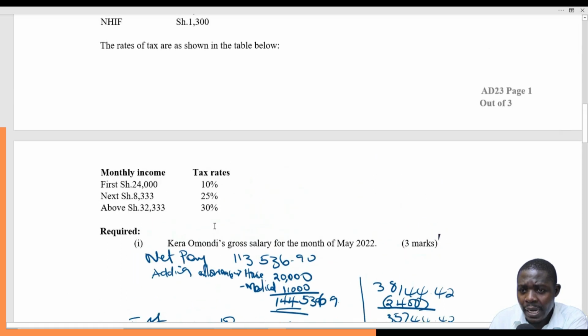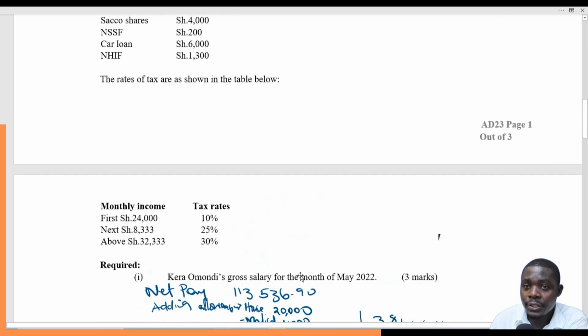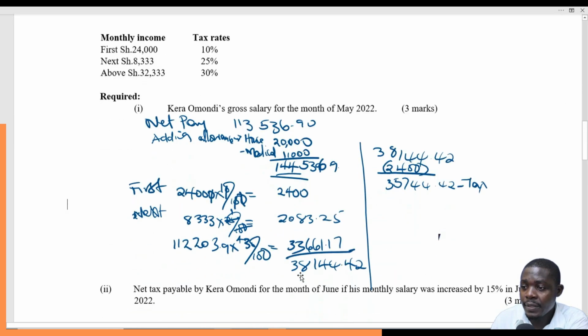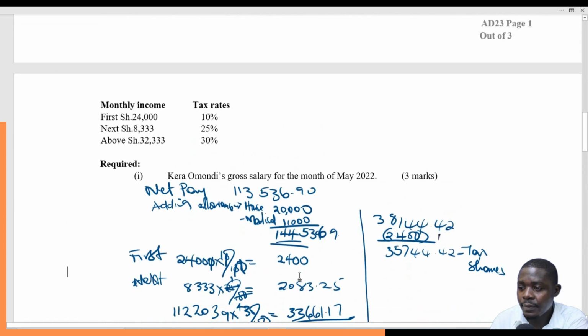Now this one, we add all the deductions, that is the income tax. This is the one that is going to be paid as tax. We are adding the deductions. We had shares amounting to 4,000.